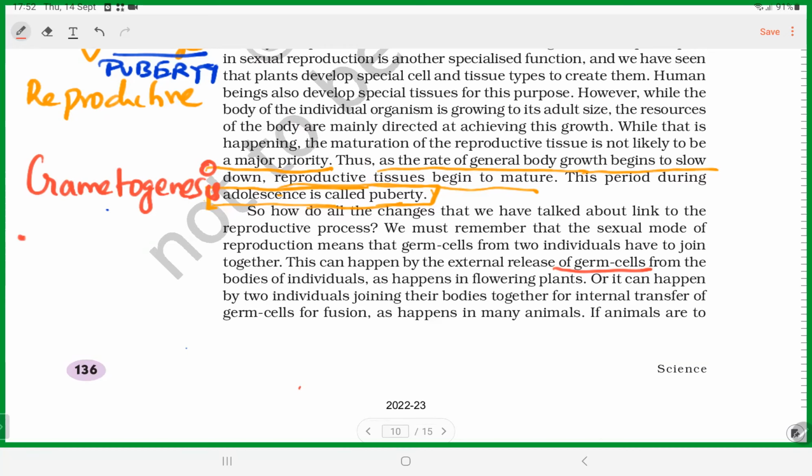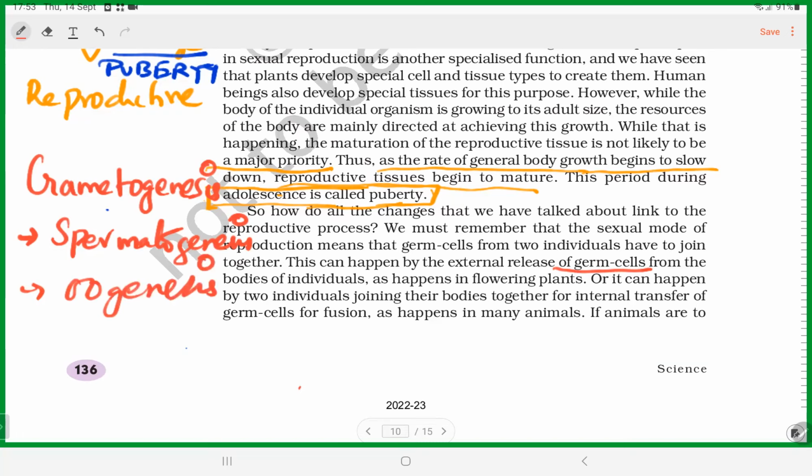In male, it is sperm formation, spermatogenesis. Females produce egg or ovum. In female, it is oogenesis. So two processes should occur, spermatogenesis and oogenesis.